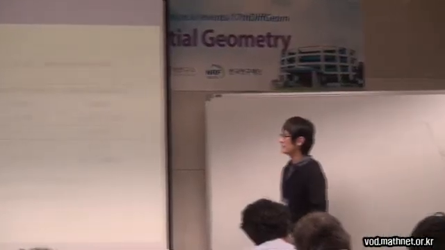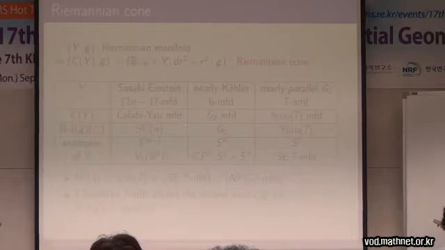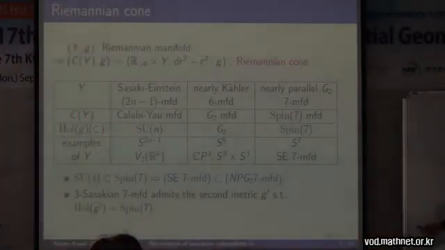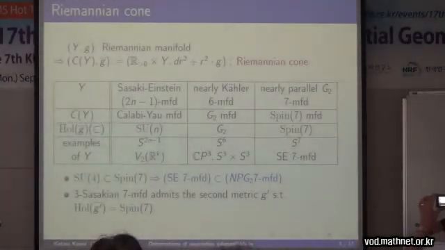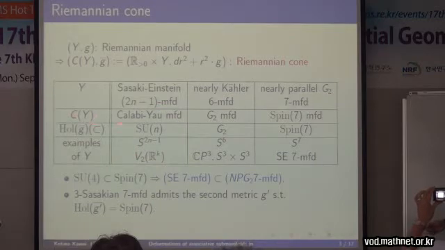And then, by supposing that the Riemannian cone has special holonomy, we can define various classes of submanifolds. For example, suppose that the Riemannian cone is a Calabi-Yau manifold. A Calabi-Yau manifold is a Riemannian manifold whose holonomy group is contained in SU(n).